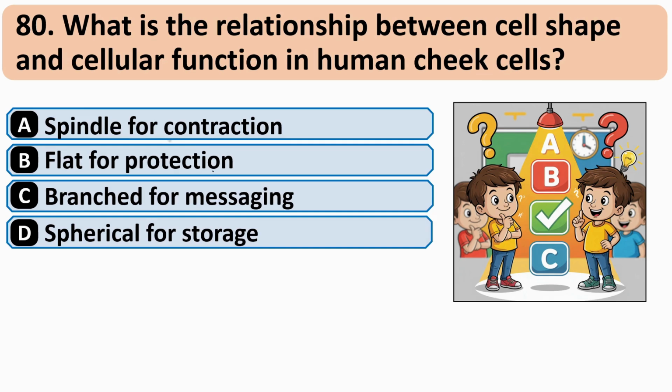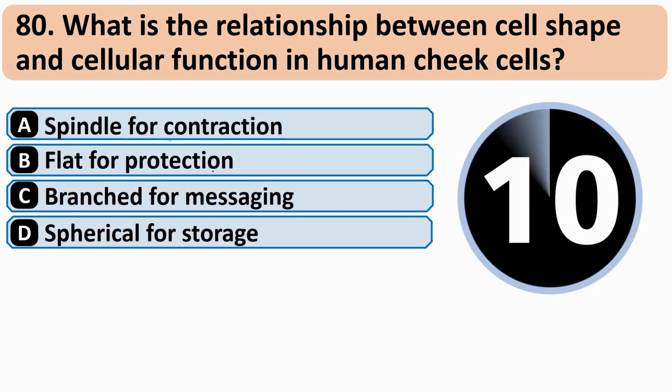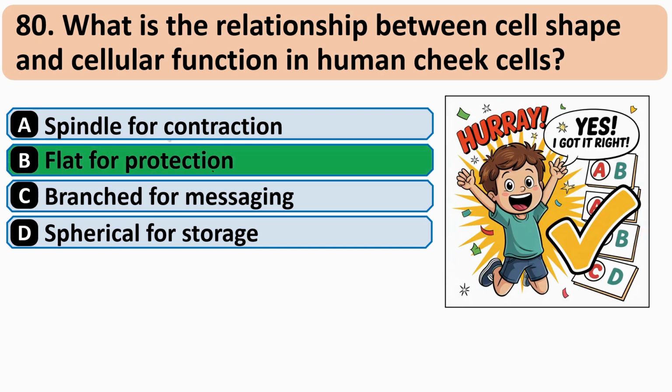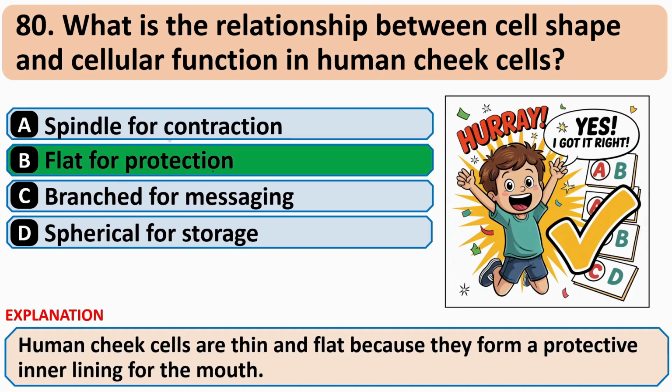What is the relationship between cell shape and cellular function in a human cheek cell? And correct answer is B, flat for protection.